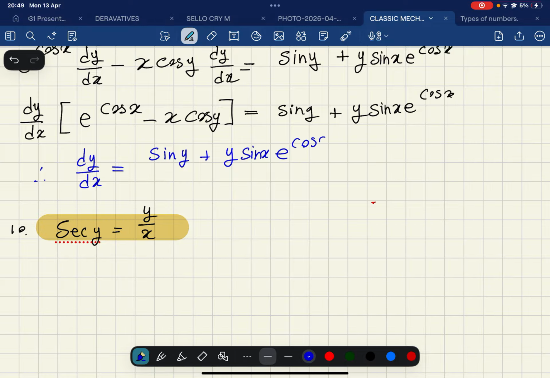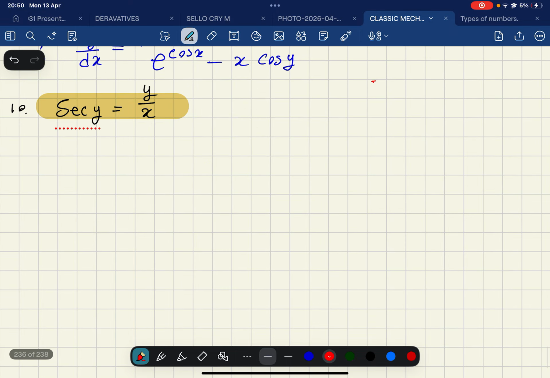E to the cos x, all divided by e to the cos x minus x cos of y. From there, we found our dy over dx using implicit differentiation.